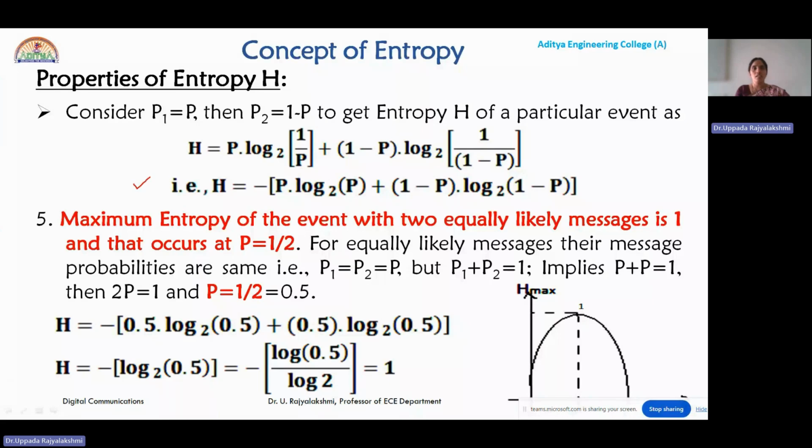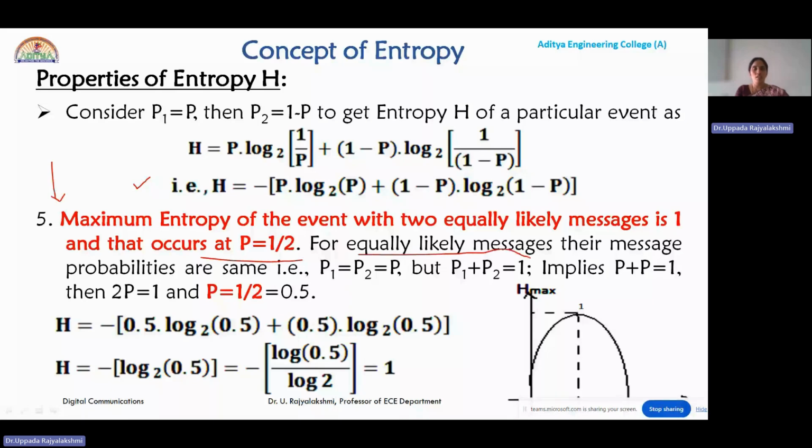So this is the entropy when we have two messages. Now let us move to the fifth property for equally likely messages. The maximum entropy of the event with two equally likely messages is 1. That occurs at P equal to 1 by 2. So this property is an extension of the fourth property, but the only difference is that here we are considering equally likely messages.